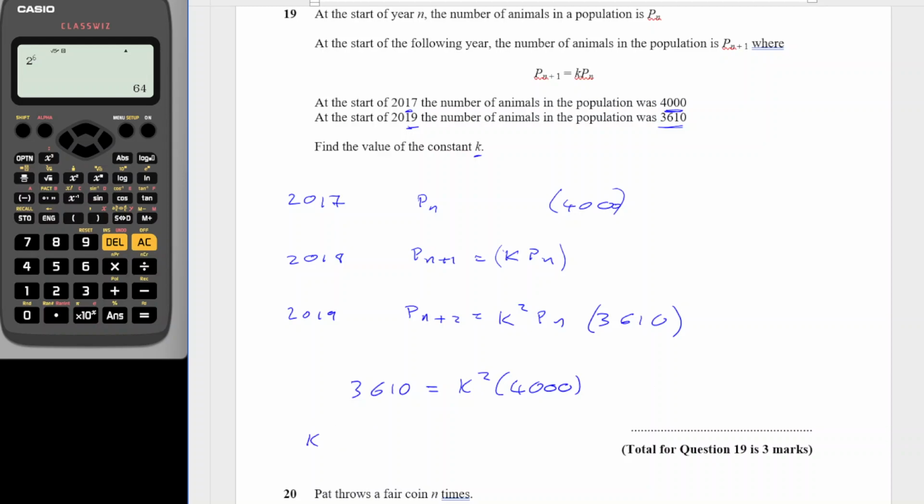So we're saying that k squared is going to be equal to 3,610 divided by 4,000. And so k is going to be equal to the square root of 361 over 400.